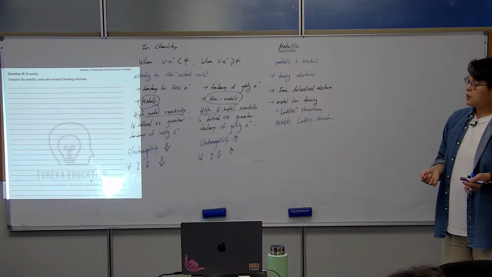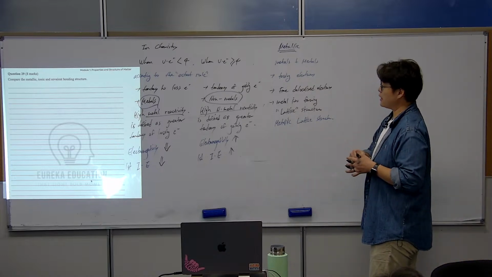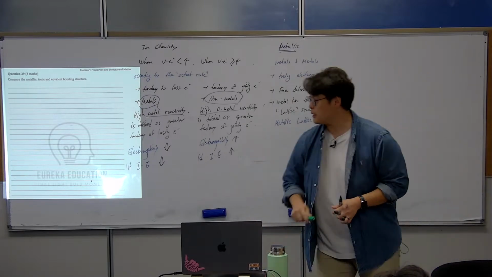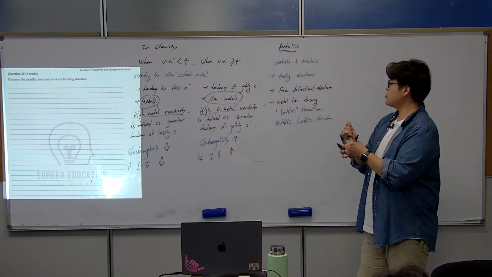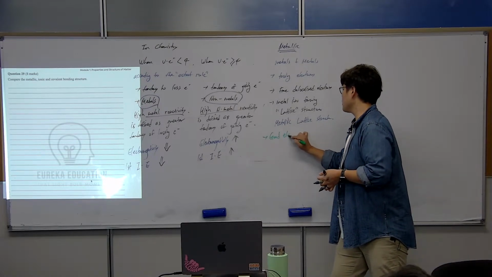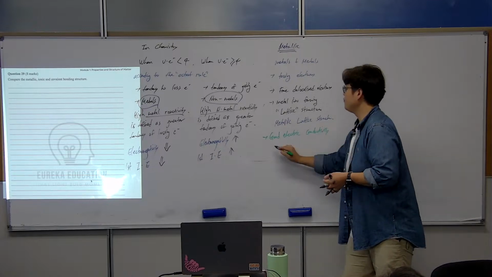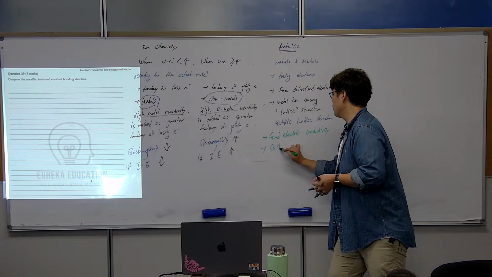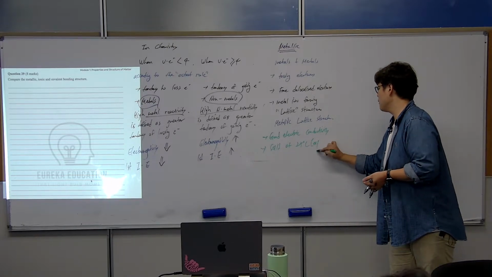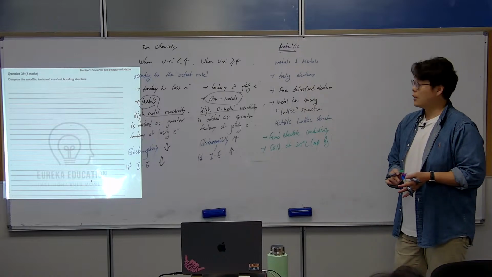Exception would have been mercury, which doesn't have much interactions, so it can have the liquid state. So this gives us some characteristics at room temperature. You'll have the solid at 25 degrees Celsius, the room temperature, except the mercury, Hg.